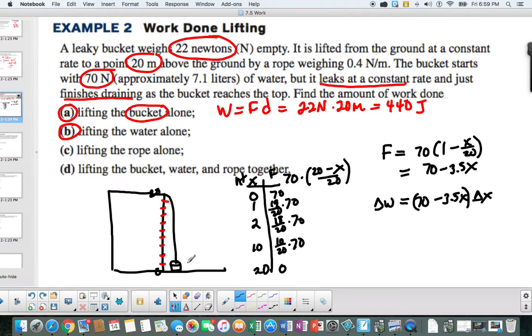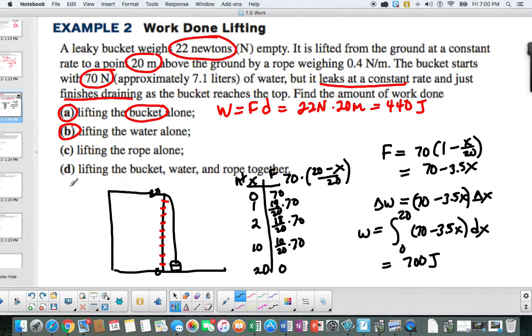A little distance will be delta x here. I'm going to sum up all those little works in my integral, and the position of x is going to go from 0 to 20. This is going to be the integral of 70 minus 3.5x dx. Put it in the calculator, and we're going to get 700 joules. So this is what it's going to take to lift the water up.